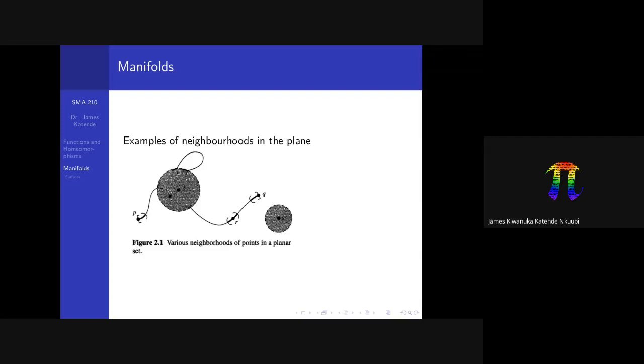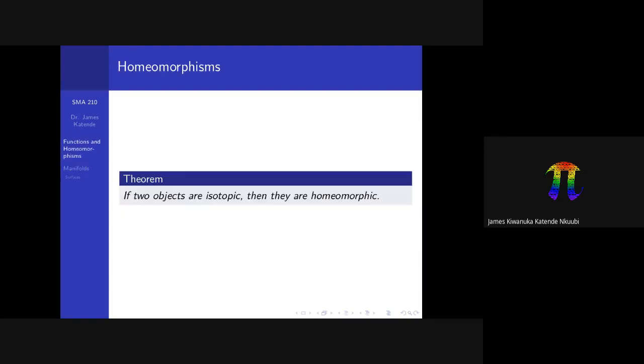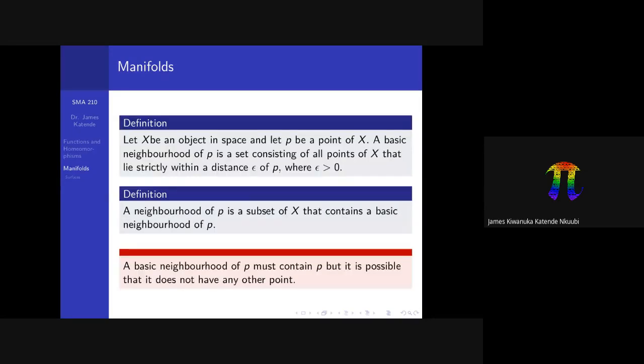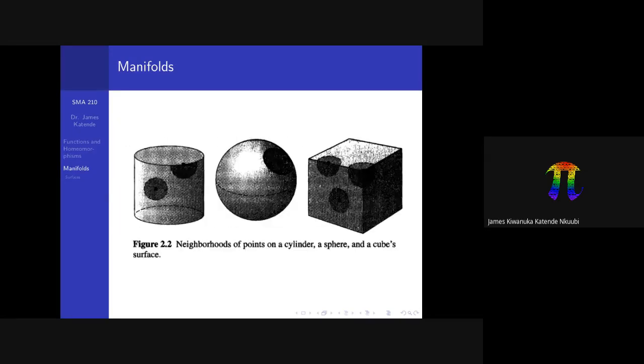So this is what neighborhoods would look like in the plane. Here is another example of some neighborhoods. We look at neighborhoods on the cylinder. By cylinder, we mean an open cylinder, so it's open on both sides.